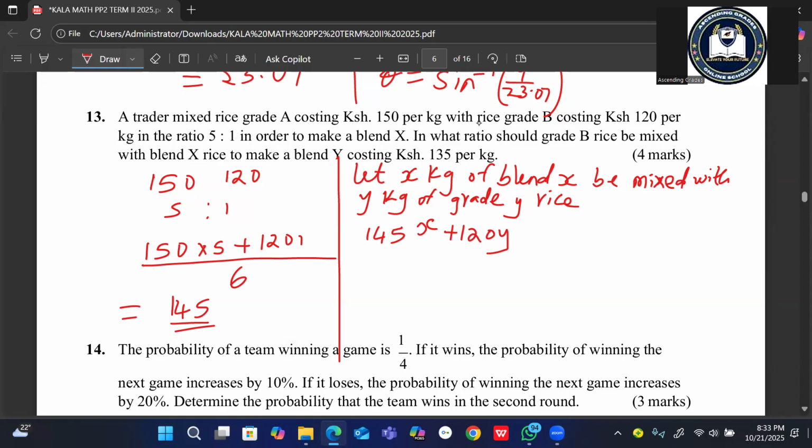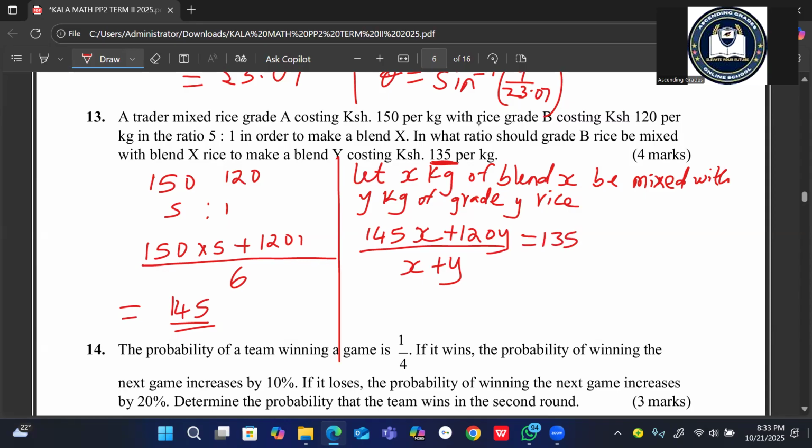And x kg of blend X, each one of them is 145, so it is 145 times x, which gives us 145x, over the total, which is x plus y, should give you 135, the one that we have been told.